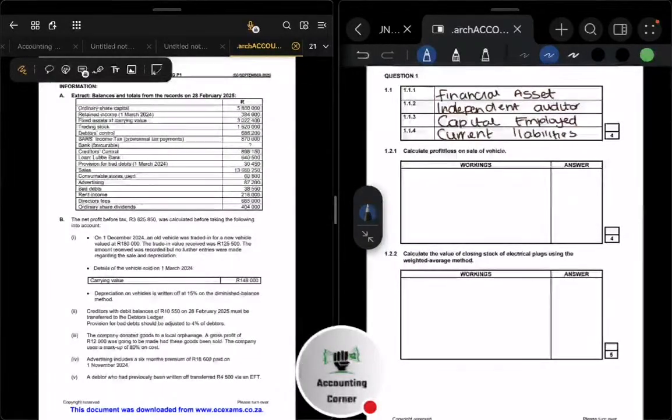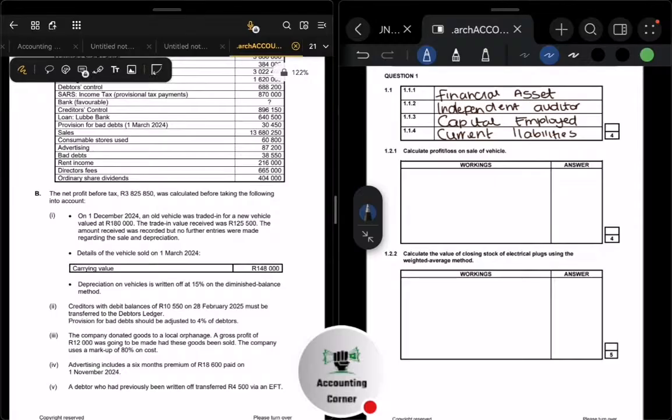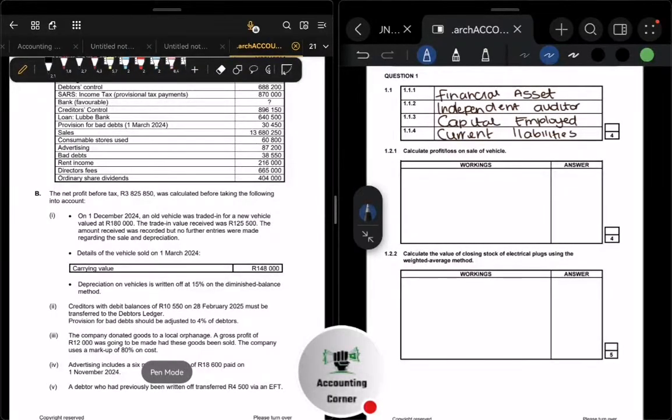So it says here on information B1, on 1st December 2024, an old vehicle was traded in for a new vehicle valued at 180,000. The trade-in value received was 125,500. And then the amount received was recorded, but no further entries were made regarding the sale and depreciation.